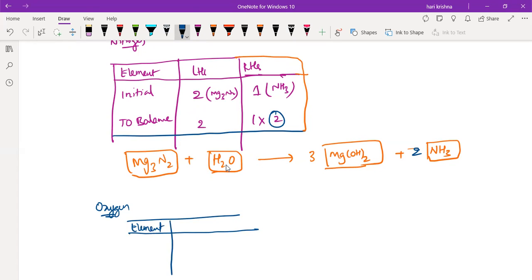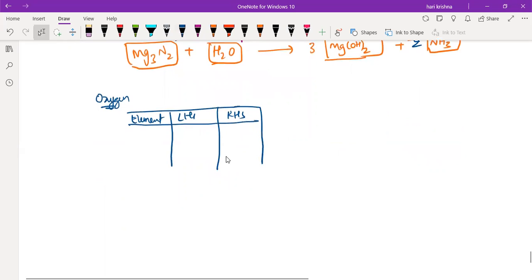Element, LHS, RHS. Initially, how many are there? It is 1 in H2O.